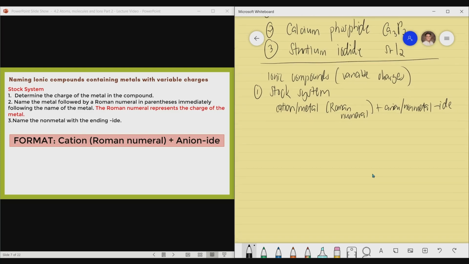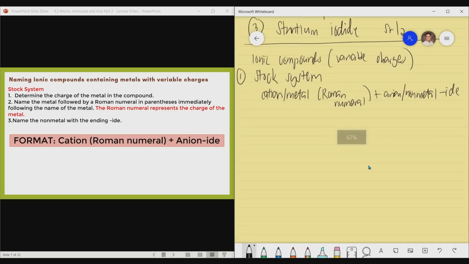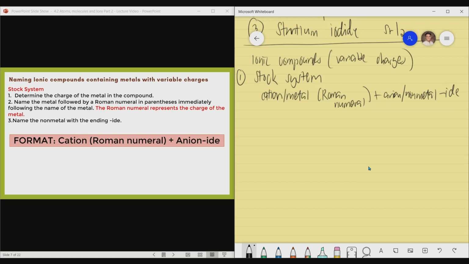So this will be your format when we name ionic compounds with metals with variable charges using the stock system. Again, this is your first way on how to name ionic compounds with metals with variable charges, the stock system. The format is cation or metal, then followed by the Roman numeral, plus the anion non-metal IDE.